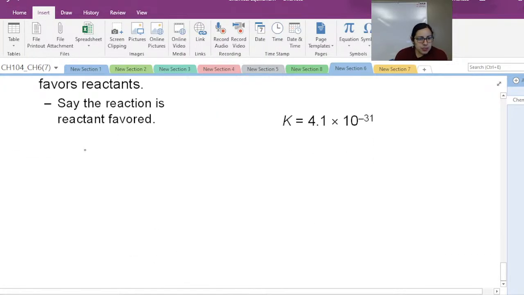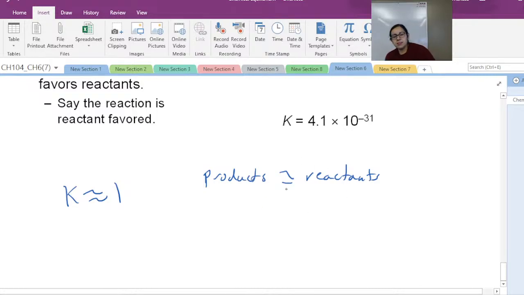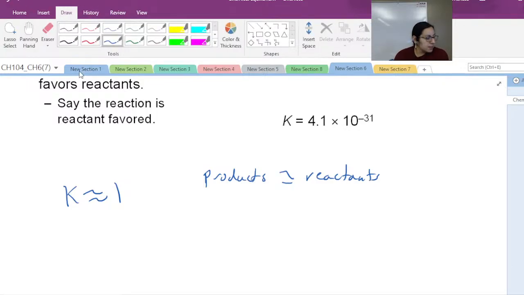And then, of course, we may not see this, but if we have a K close to 1, obviously, then you have pretty similar products and reactants. Again, roughly speaking, I'm not accounting for equivalence or anything, just saying that if it's generally close to 1, then they're going to be pretty much even, products and reactants.